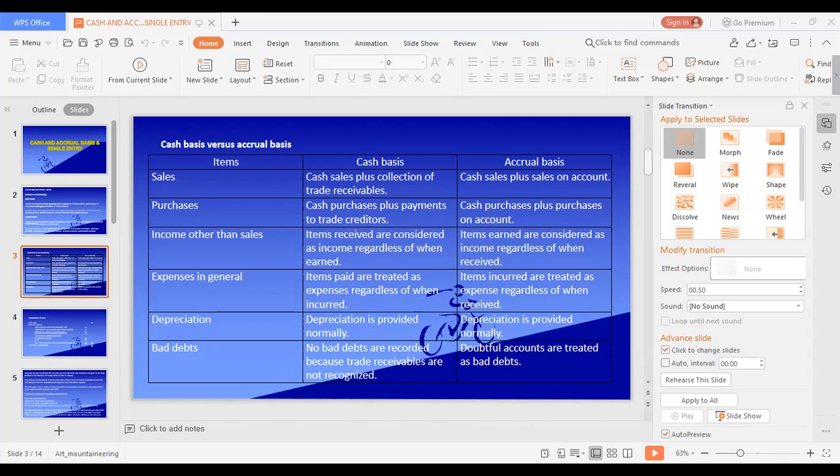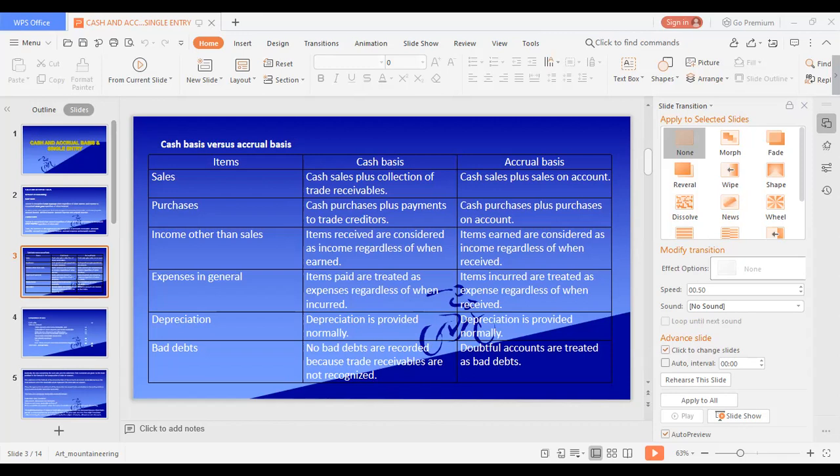In 14.8, what does the problem ask for? Under cost basis, what amount should be reported as purchases for the current year? So inventory on January 1 is given at 2,100,000. Then we add purchases under the accrual basis. Actually, this is a question mark.